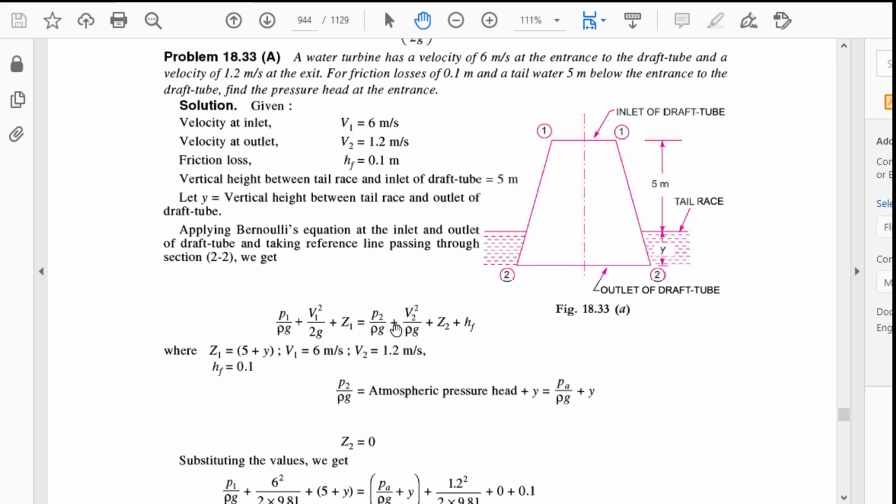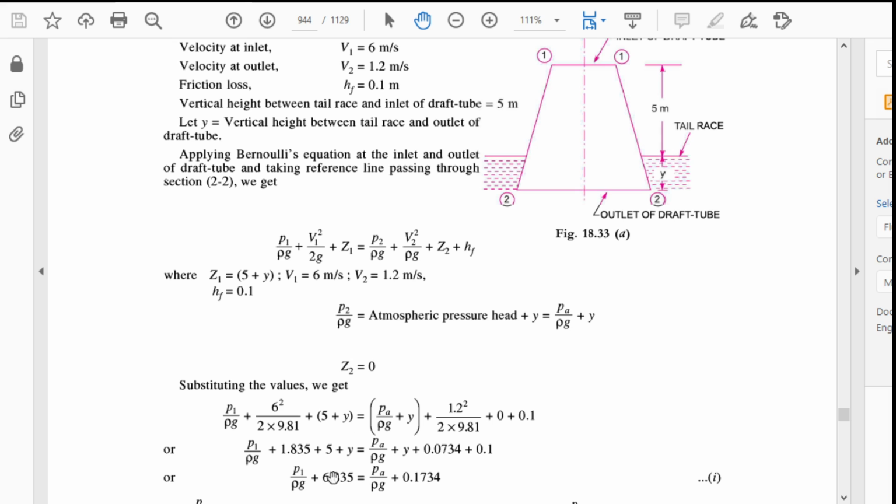As we have done in the theoretical part, P2 upon rho g can be written as PA upon rho g, the atmospheric pressure head, plus this y. Now this y on the LHS and RHS will get cancelled.